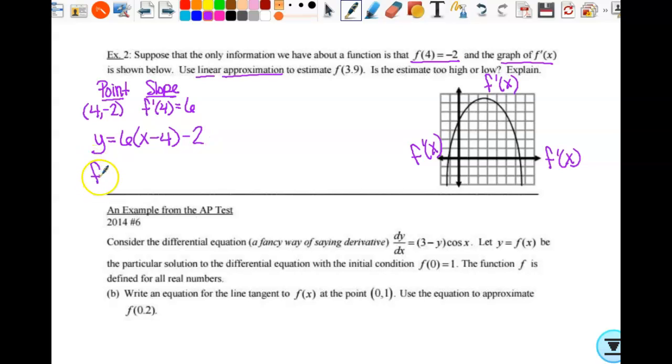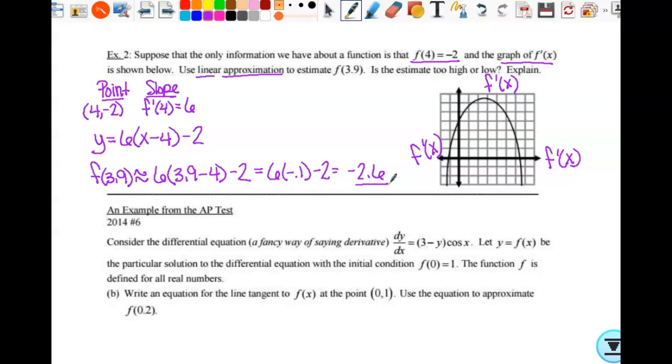So I can say f of 3.9 is about 6 times 3.9 minus 4, minus 2. All right, 3.9 minus 4 is -0.1. So this is 6 times -0.1 minus 2. So that's -0.6 minus 2, it's -2.6.